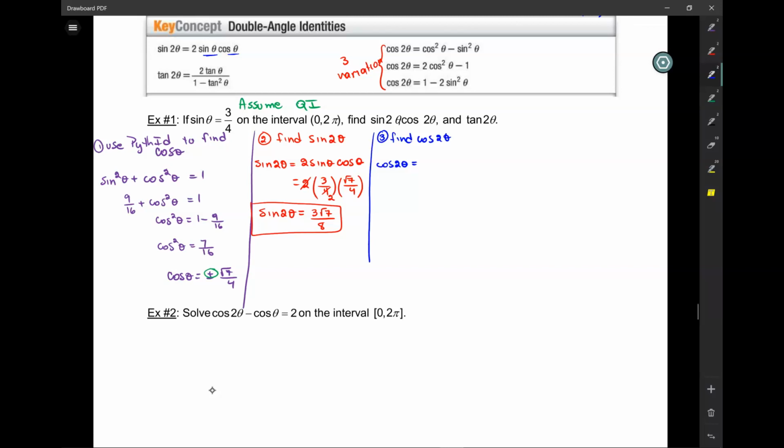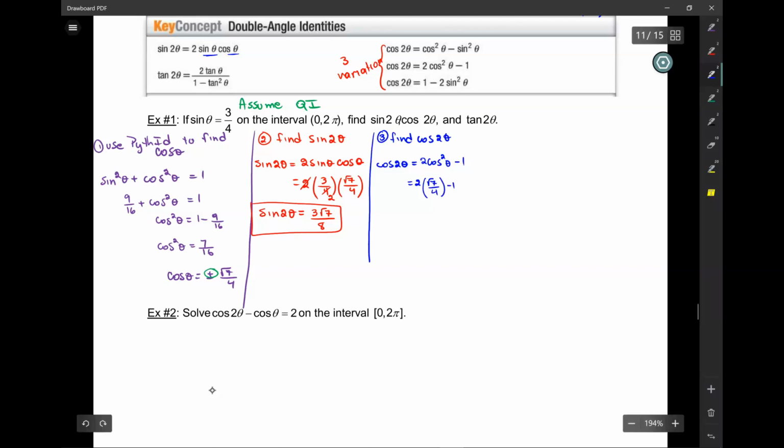Let's do the second one. So it's 2 cosine squared theta minus 1. This is 2 times the square of root 7 over 4, minus 1.